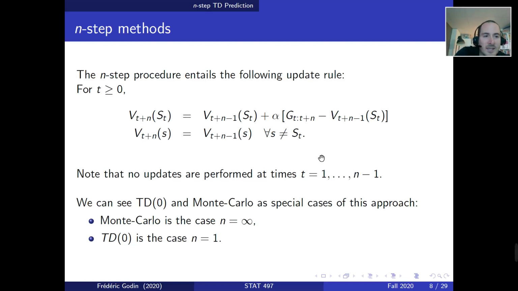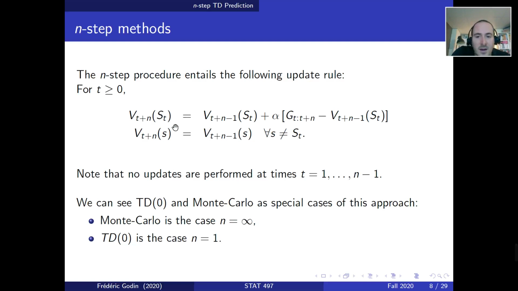Now, when is this update done? Well, the update for state s_t is not done at time t because the target is not observed until time t plus n. Well, it could be observed if there's an end of the episode, but typically it's only observed at time t plus n.